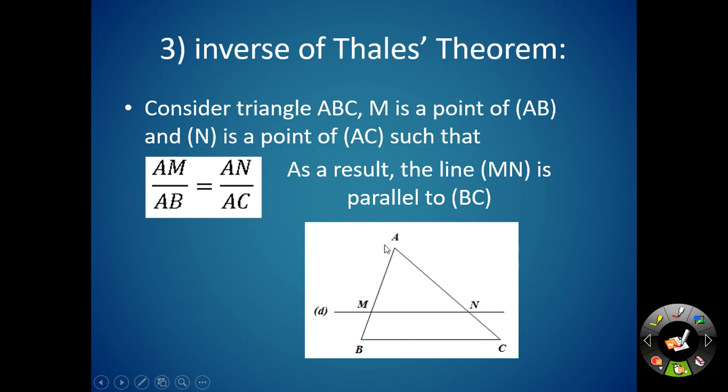If we have AM over AB is equal to AN over AC, you can deduce directly that the two lines are parallel. So this is the inverse. With Pythagoras, if I have the longest side squared equal to the other two sides squared, so it's right. Same here: if I have AM over AB equal to AN over AC, I can deduce that those two lines are parallel.